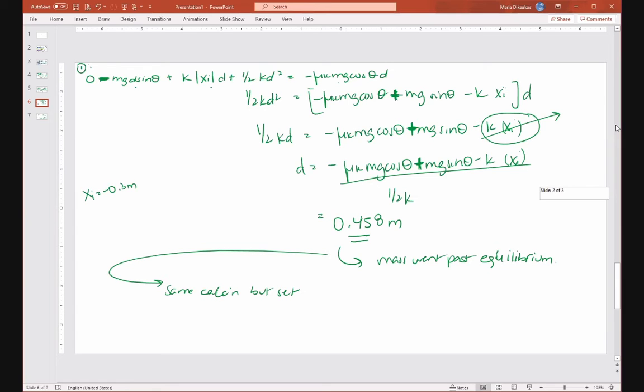So the way this problem is phrased from your textbook, because they left it open-ended, you would have to verify that it goes past equilibrium position. This D is greater than 0.3.